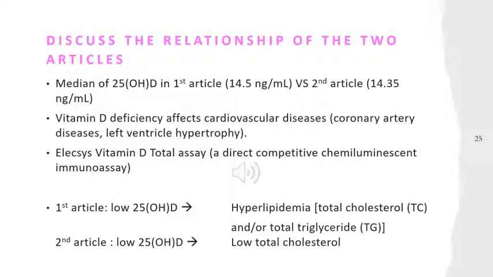Especially the lower level of vitamin D leads to increased stenotic coronary arteries in cardiac diabetic patients. Moreover, the lower vitamin D level is associated with increased activation of the renin-angiotensin-aldosterone system. Therefore, increased renin-angiotensin-aldosterone system activation may stimulate myocardial fibrosis and hypertrophy, leading to left ventricle systolic and diastolic dysfunction.